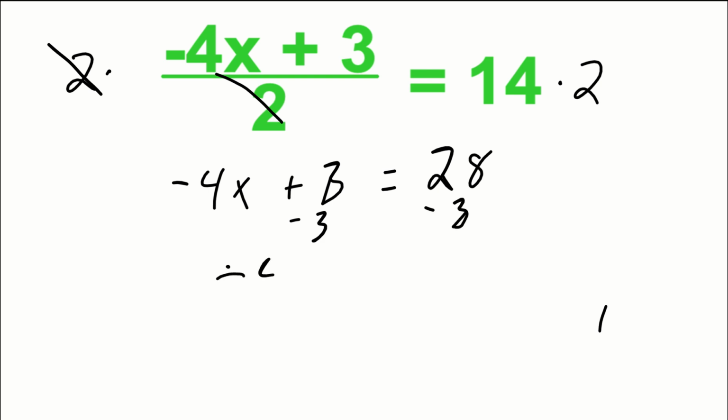That gives us negative 4x equals 25. And then we're dividing by -4. Again, you could keep it as the improper fraction. It's positive divided by a negative, so the whole thing's negative. So -25/4 works. You could say -6.25 works. -6 1/4 works. Something along those lines. Any questions on that one?